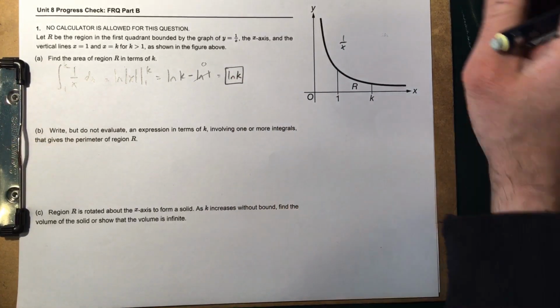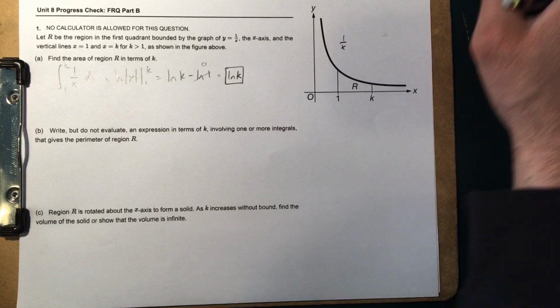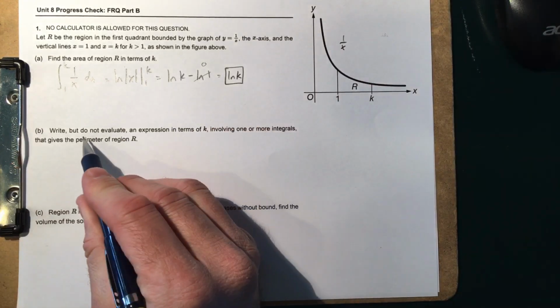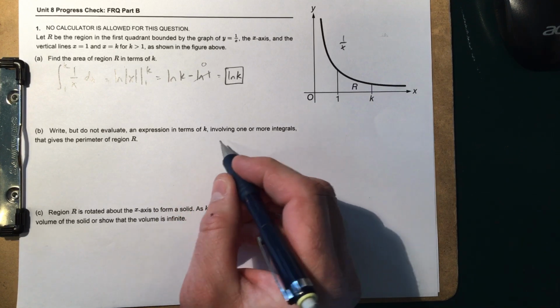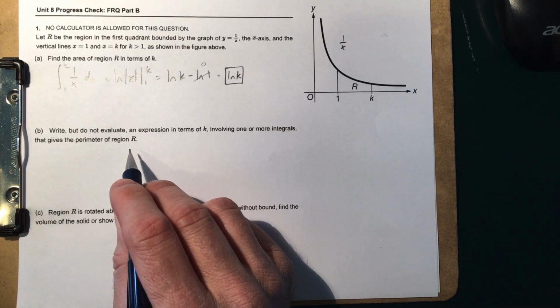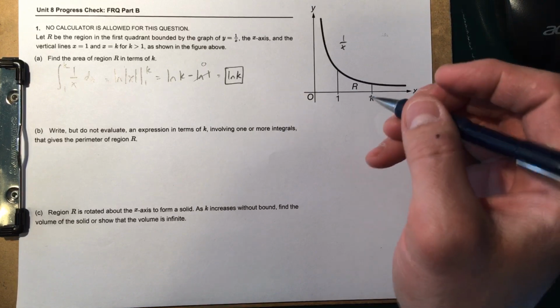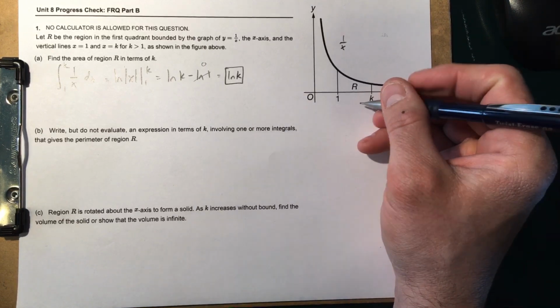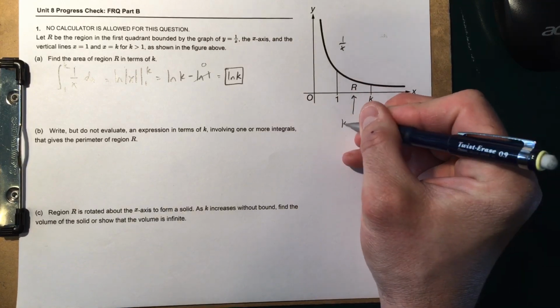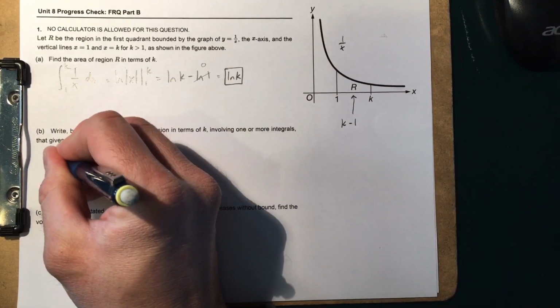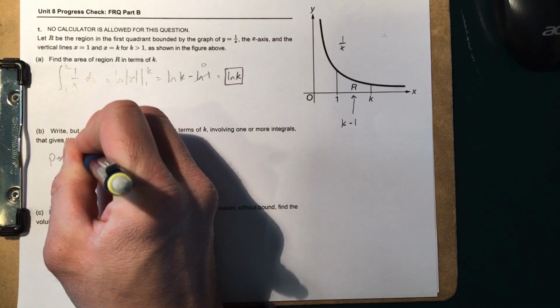Now, part B says, write but don't evaluate an expression in terms of k involving one or more integrals that gives the perimeter of region R. Now, this is cool. This chunk right here is just going to be from 1 to k, so that's k minus 1. So the bottom is k minus 1.